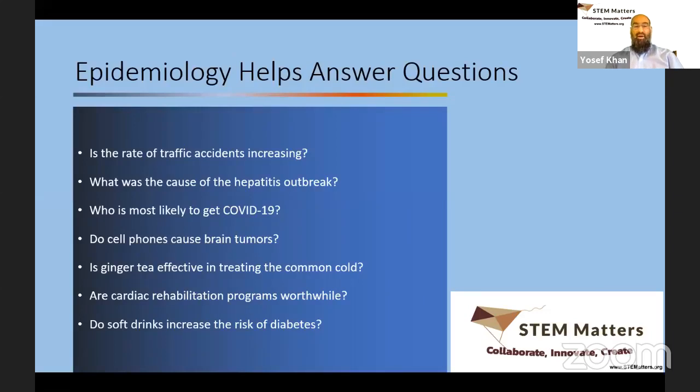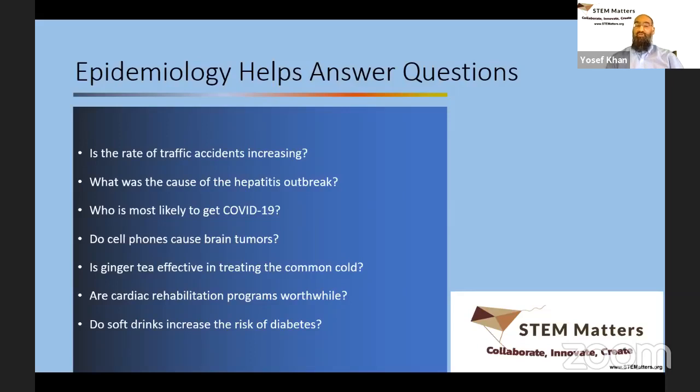And epidemiology helps us to answer the questions, you know, is the rate of traffic accidents increasing in a certain location? Why are they increasing? Why are they decreasing? What was the cause of the hepatitis outbreak? Who is most likely to get COVID-19?